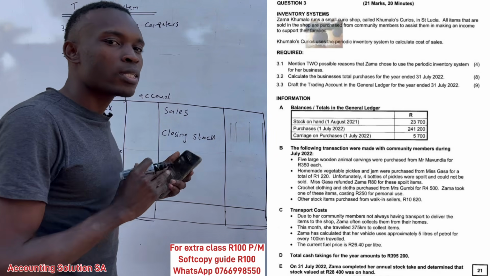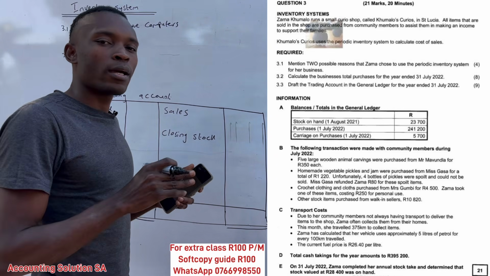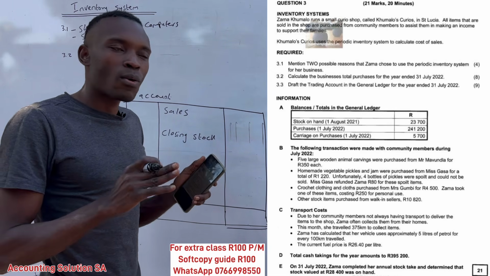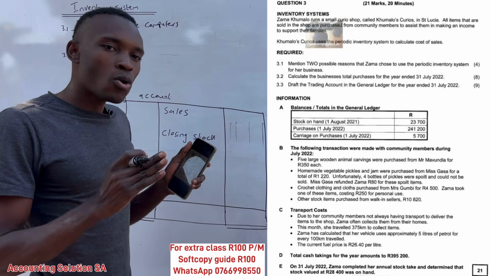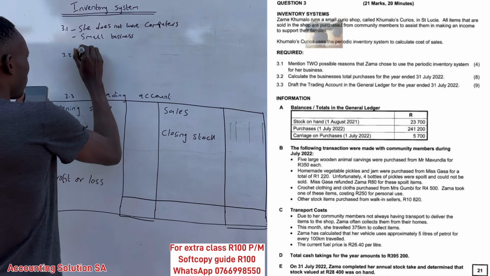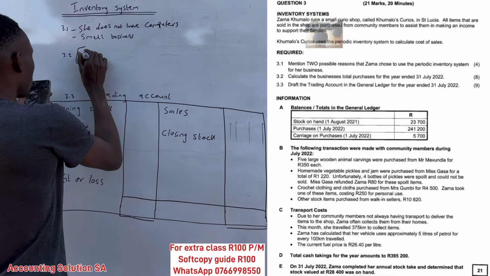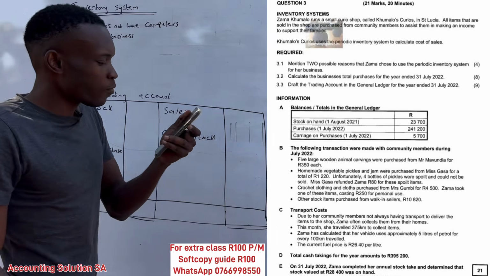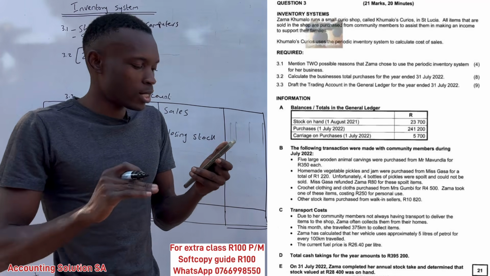If there is any return or donation, we have to subtract them. Or if there is a withdrawal, we have to subtract. All purchases we add. Okay, the first purchase was an amount of 241,200.